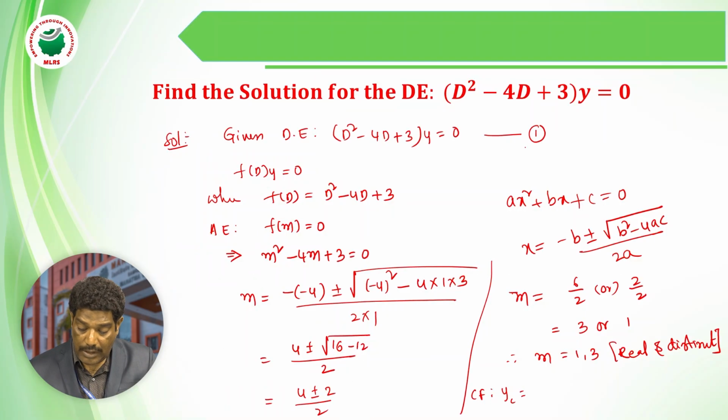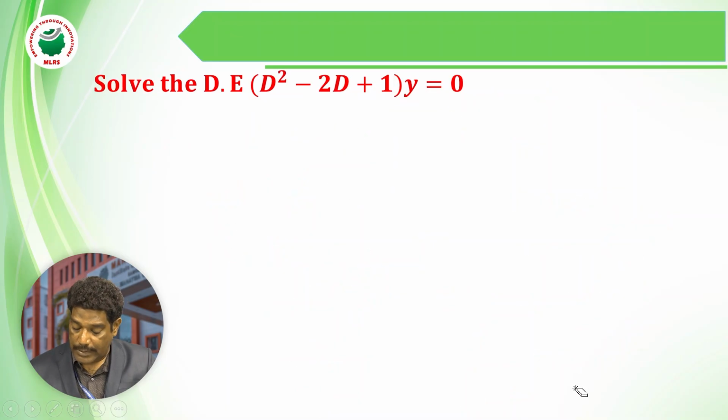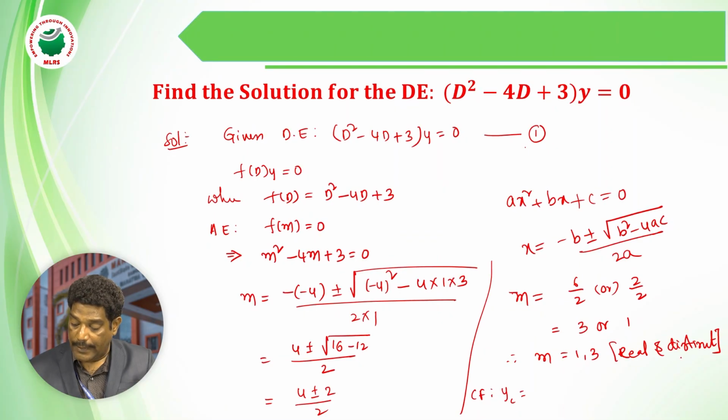But here we have only 2 roots. Why? Because our differential equation is a second order differential equation. So we got only 2 roots, and both roots are real numbers and distinct. Then how do we write the CF?